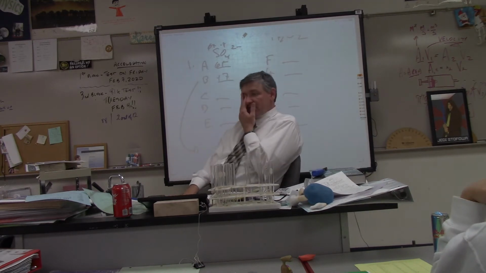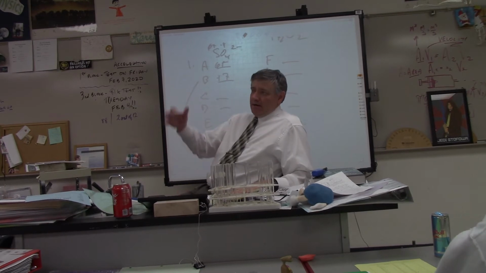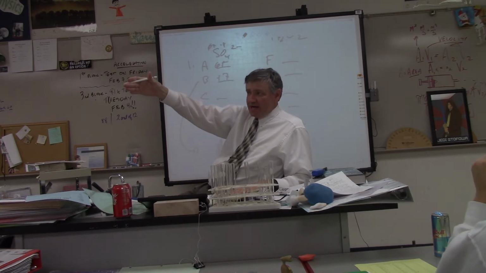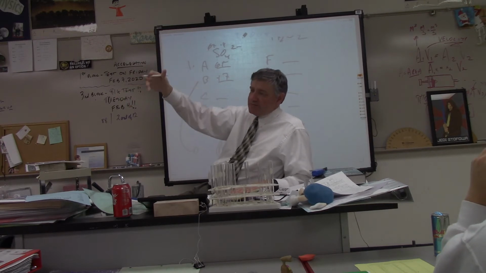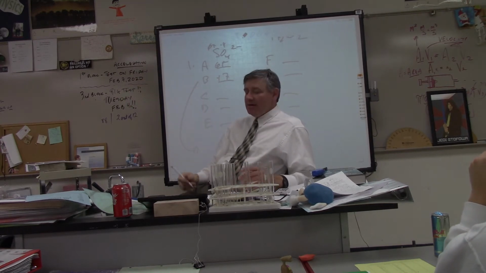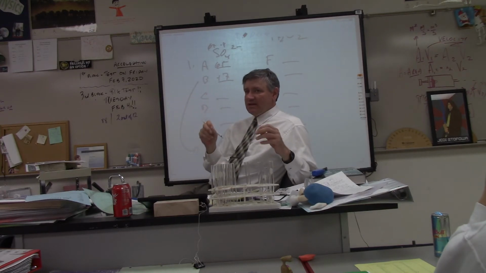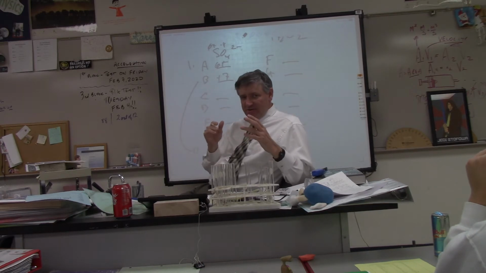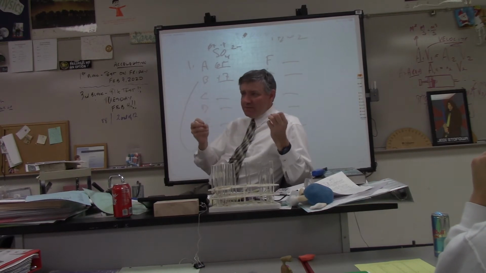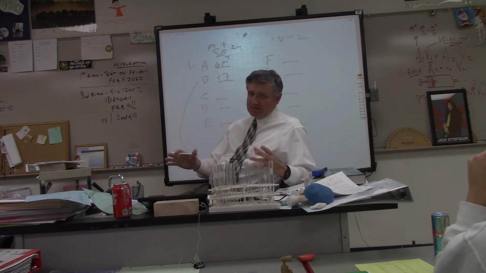Now, here's the anomaly when we talk about these. If you look, sulfur actually is in the same column as oxygen. So you would think that they would have the same oxidation state. So when we talk about oxidation states, we're really not saying that the sulfur has lost 6 electrons. When you do redox reactions, this is more of a bookkeeping situation, because sulfur is not going to lose all 6 of its electrons.